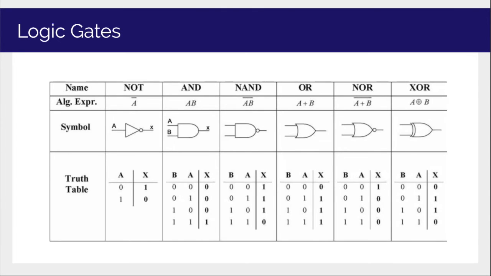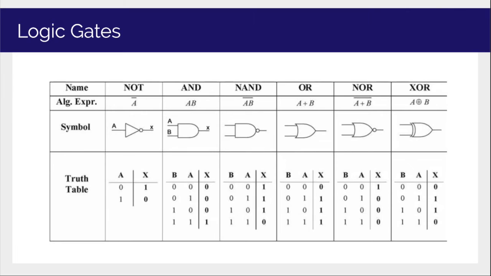And finally, we have the XOR, or the exclusive OR gate. As you can see in the truth table, this gate only returns true when either A or B is true, not when both are true. So it's exclusive to just when one of them is true.